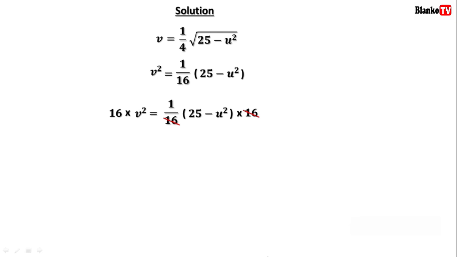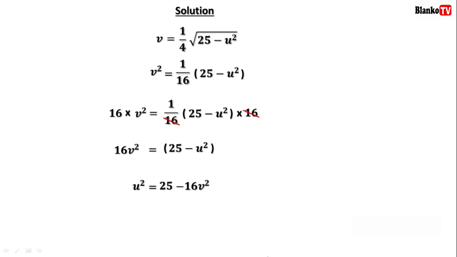So 16 cancels out 16 at the right hand side. So we'll be left with 16v squared equals 25 minus u squared. So we group like terms. So we have u squared equals 25 minus 16v squared.